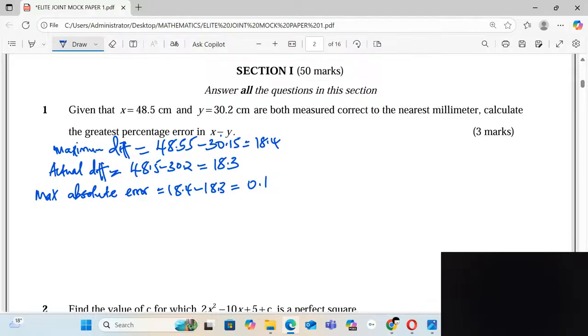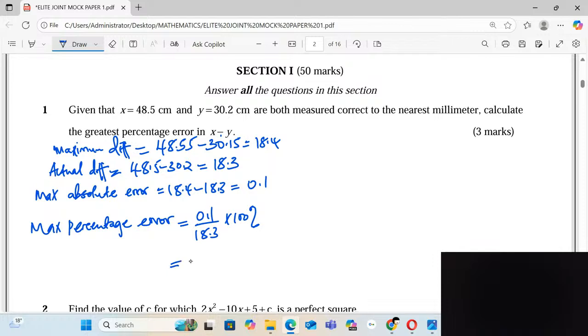The maximum percentage error will be equal to 0.1 over 18.3 times 100%, the maximum absolute error over the actual difference times 100%.